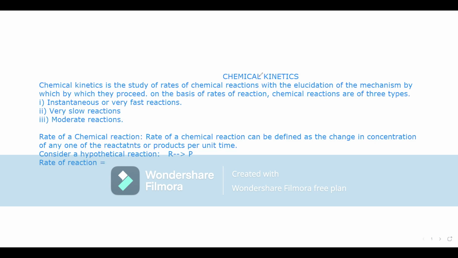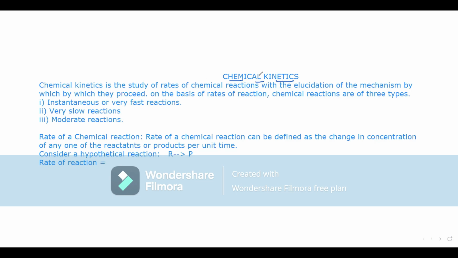Today we are going to start a new lesson which is chemical kinetics. As the word indicates, kinetics is something relating to the speed of the reaction, or rate of the reaction, and the mechanism of the reaction.